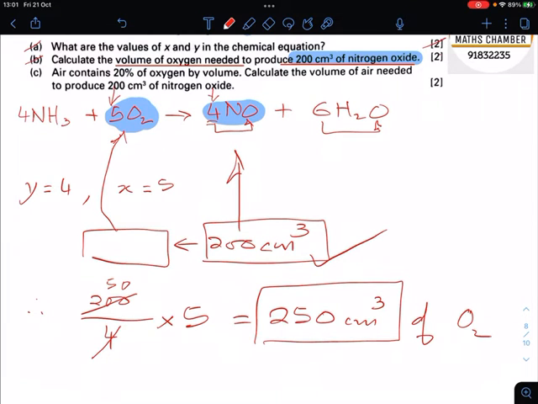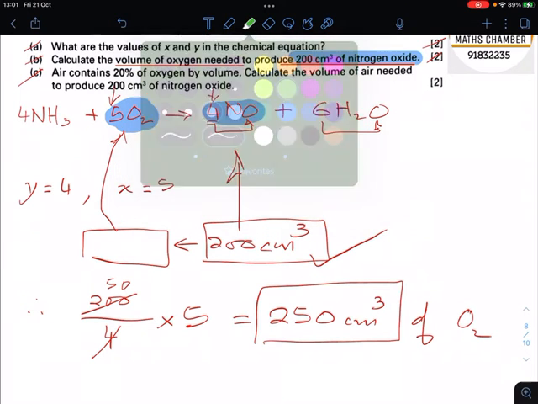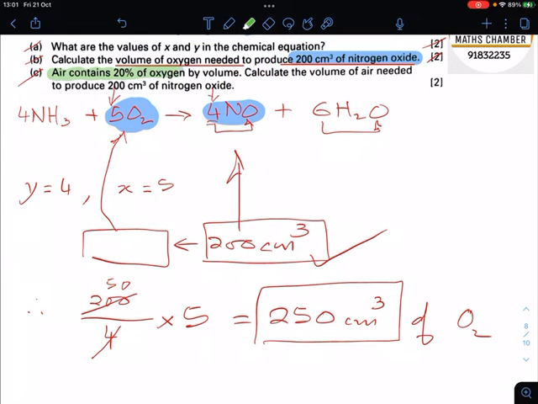2 marks. Good. Now part C is very interesting. This is where most students will get confused, because they said air contains 20% of oxygen by volume, so 20% oxygen and 80% other gases. Calculate the volume of air needed to produce 200 cubic cm of nitrogen oxide.